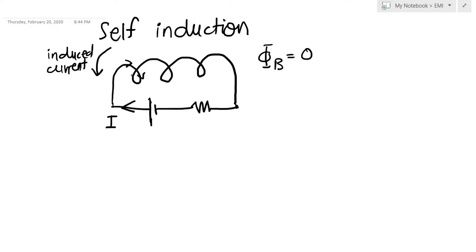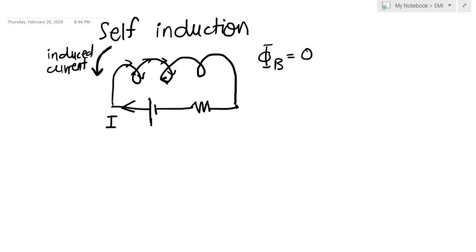And when the current reaches the second loop, there will again be an increase, because there will again be an induced current, because the second loop did not have any magnetic flux initially, but then when the current reached it, the current produced a magnetic field through it. So even that will add to the already established induced current in the circuit.